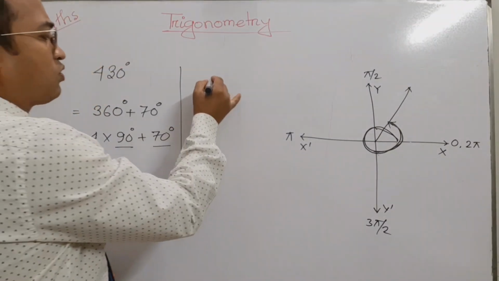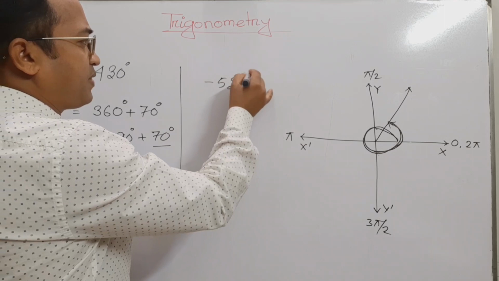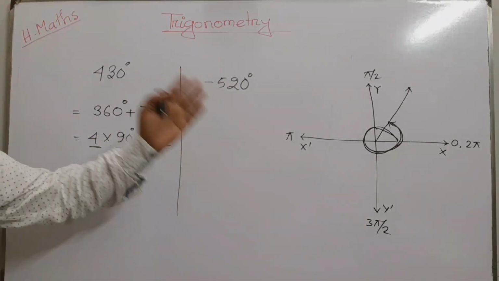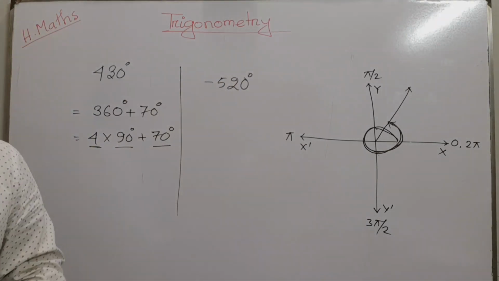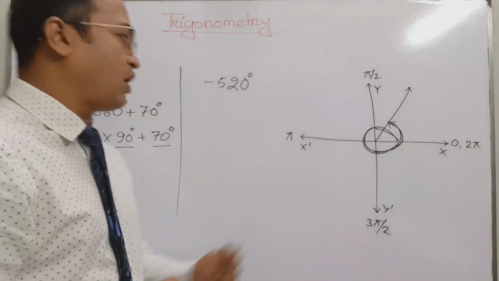Now if you want to find the location of minus 520 degrees, how can you find the location of minus 520 degrees in this quadrant?